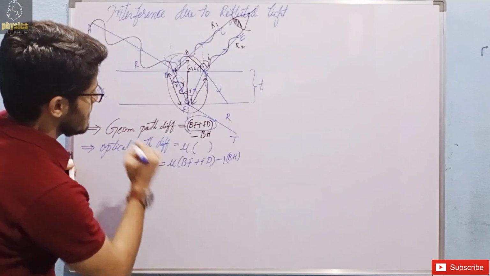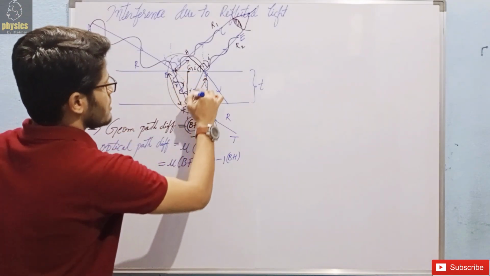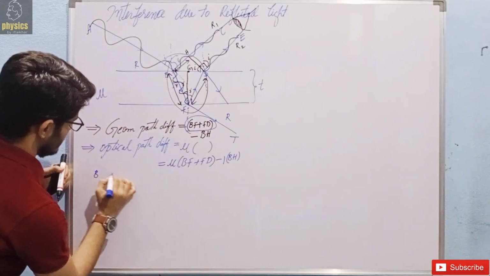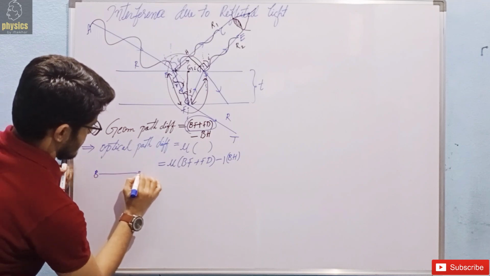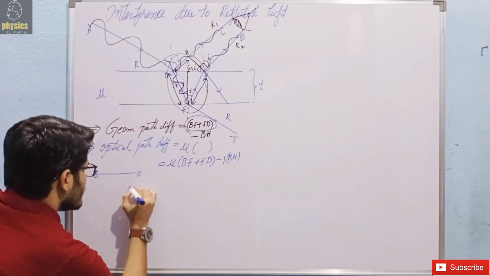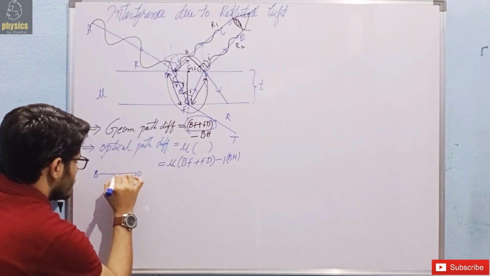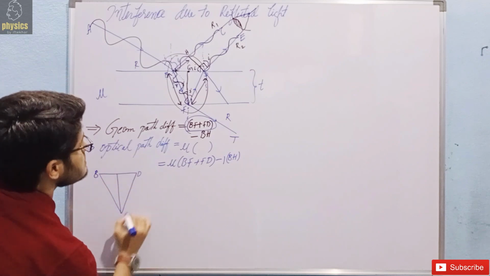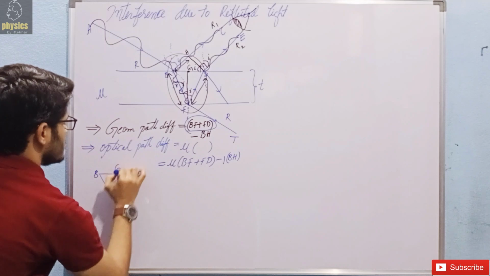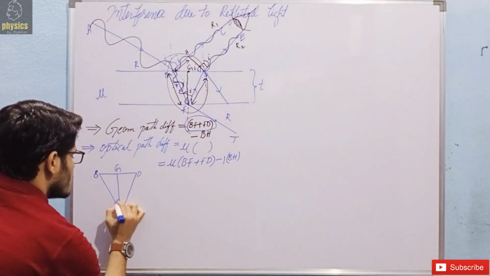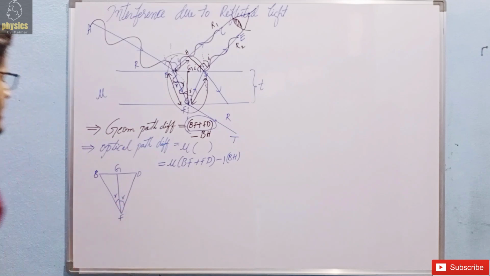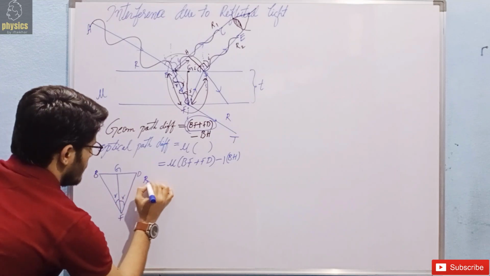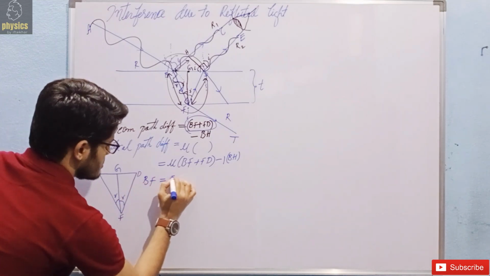You see, I am taking this triangle BD. So this is F and here is G. This triangle has angle R and this one also has angle R. What I am claiming is that the distance BF is equal to the distance FD.